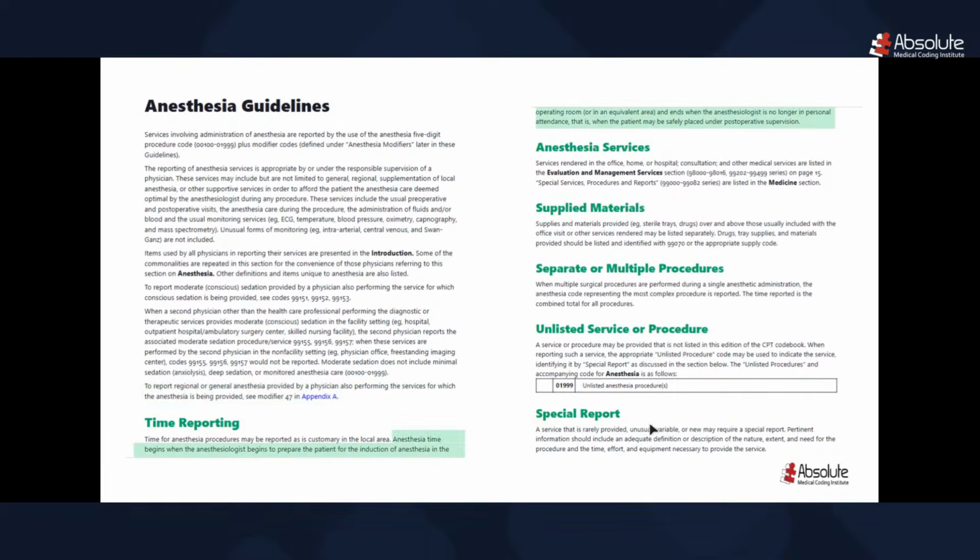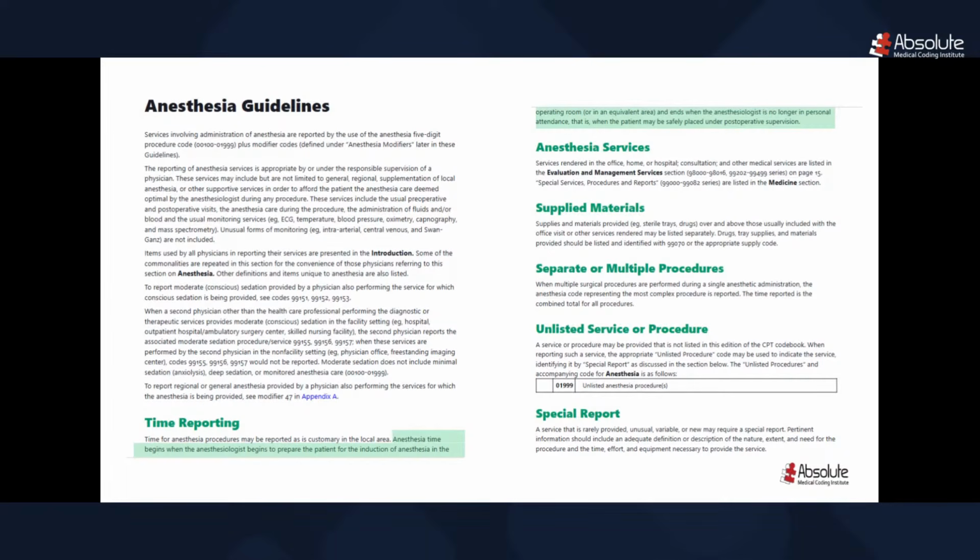Next is anesthesia time reporting, and this is the most important part of the anesthesia section. You must clearly know what an anesthesia time is, or what qualifies as anesthesia time. Anesthesia time begins when the anesthesiologist starts preparing the patient for induction. This can be in an operating room, a procedure room, or even an induction area.